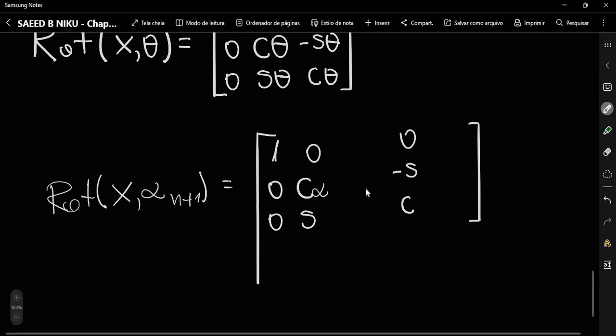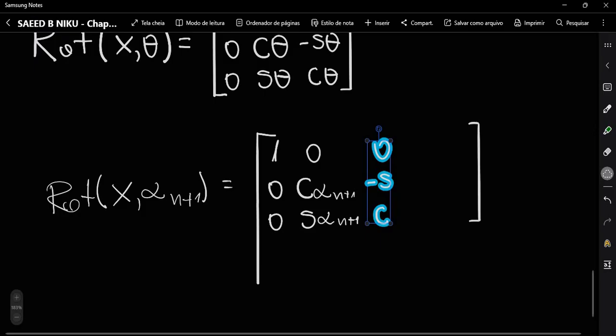Cosine of alpha n plus 1, alpha n plus 1, alpha n plus 1, cosine of alpha n plus 1, and the scale factor.